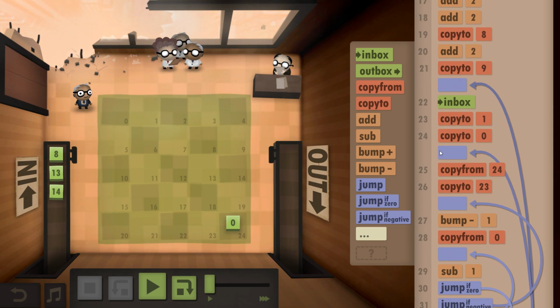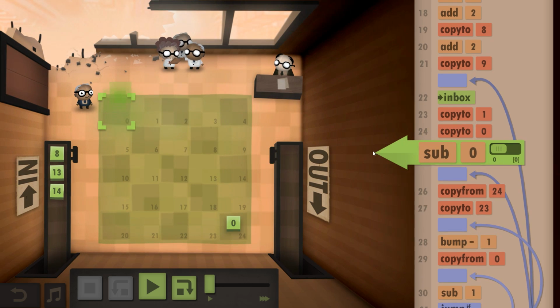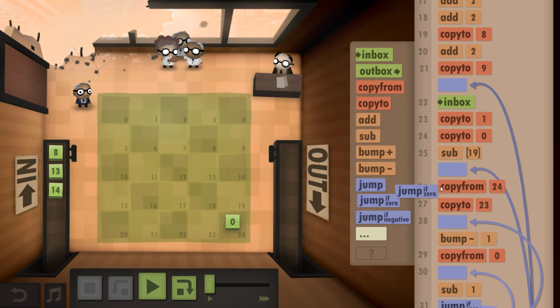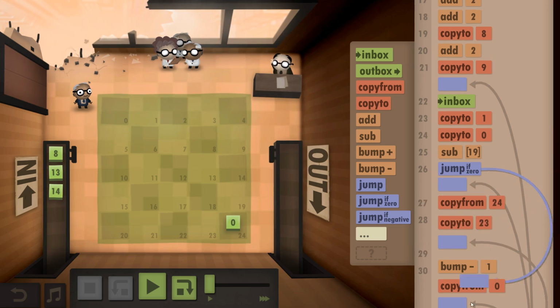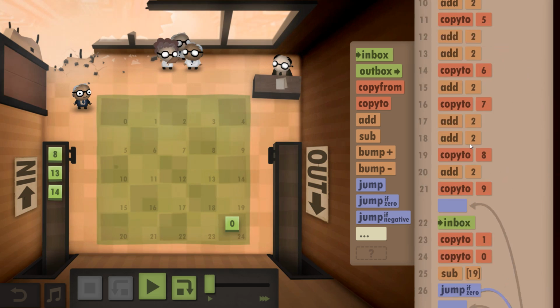Now I would need to copy to 0, and then I would do sub what's referenced by 19. If it's 0, go in the outbox because it's prime.